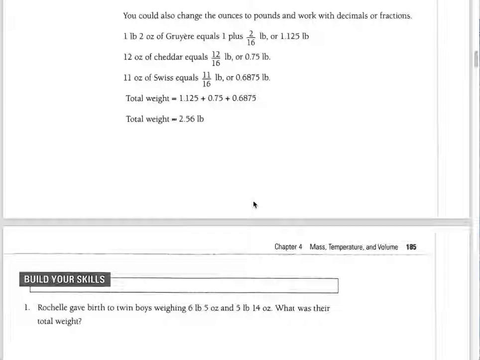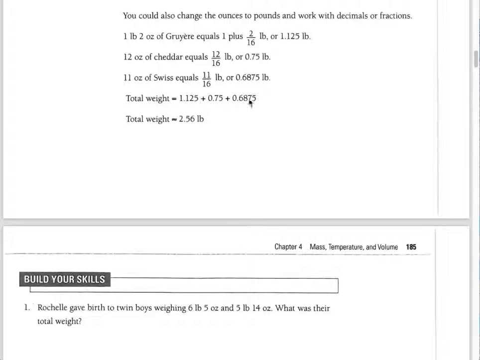Again, basically by looking at the 1 pound 2 ounces, we get 1 and 2/16. Changing it to decimal is 1.125. 12 ounces is 12 over 16, or 0.75. And the 11 ounces is 11 over 16 of a pound. That's 0.6875.